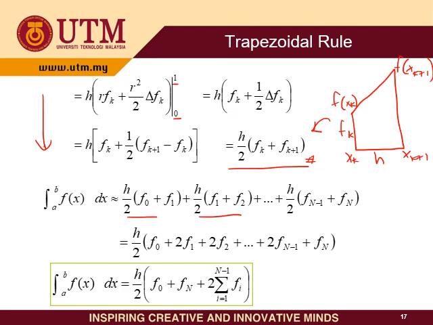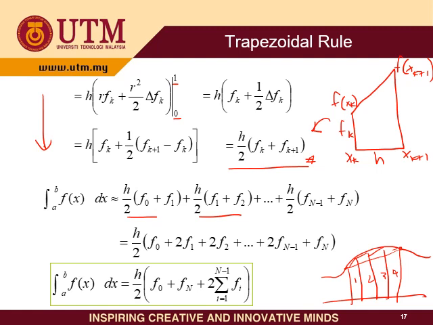Let's say the area under the curve here, if you do trapezoidal from this point to this point, this is your first, second, and third trapezoid.